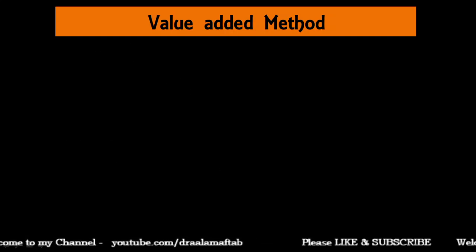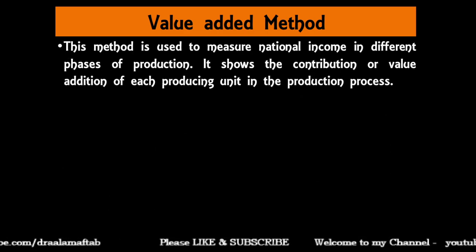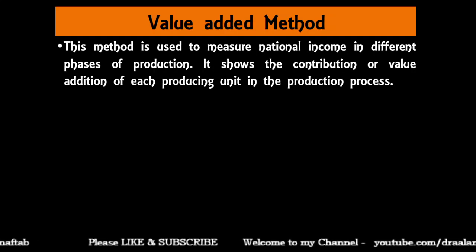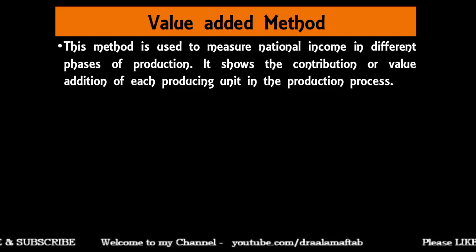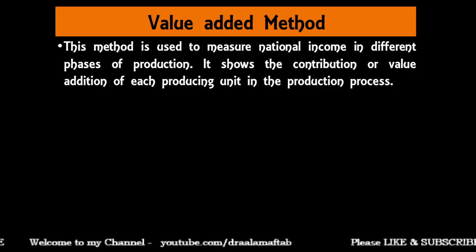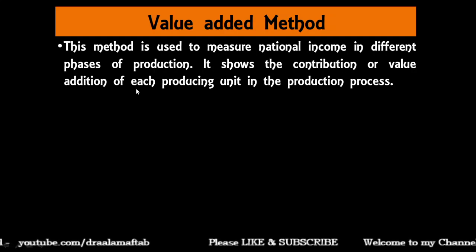So what is this value added method? This method measures the value addition in each stage of production, or in every stage of production process the value addition is measured.